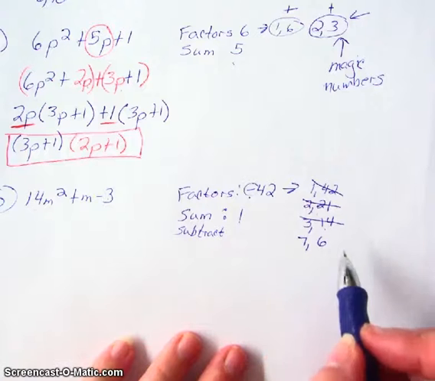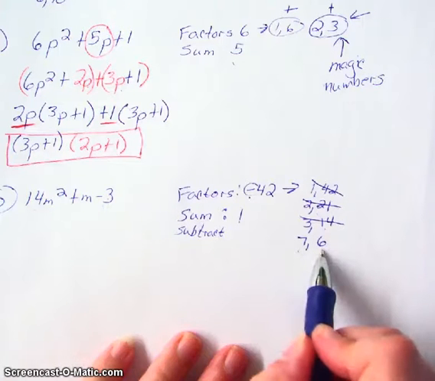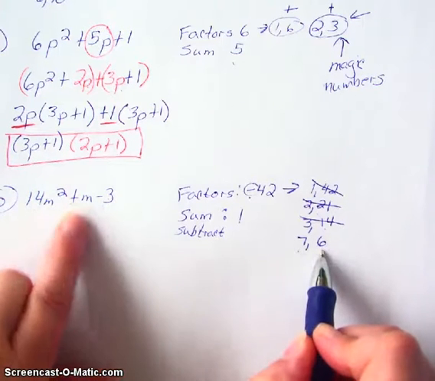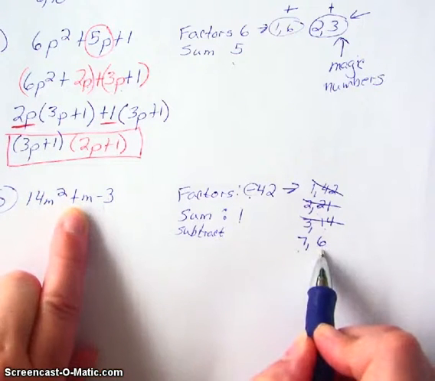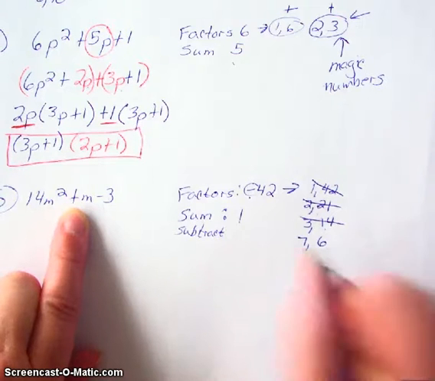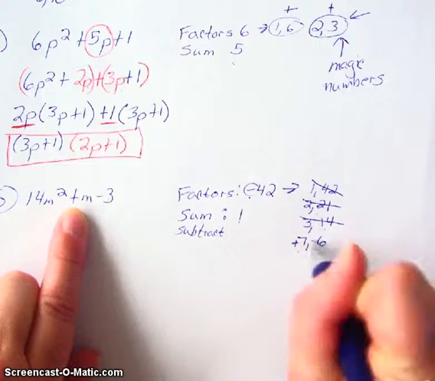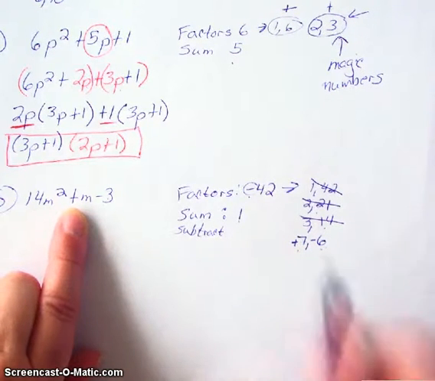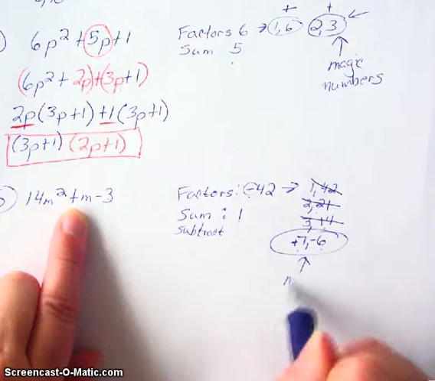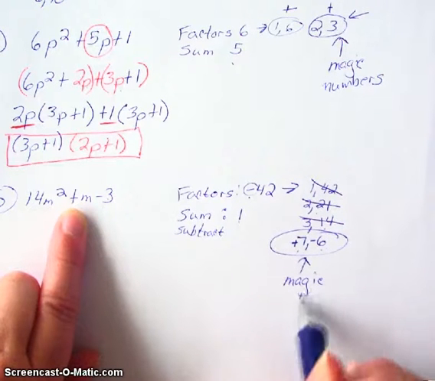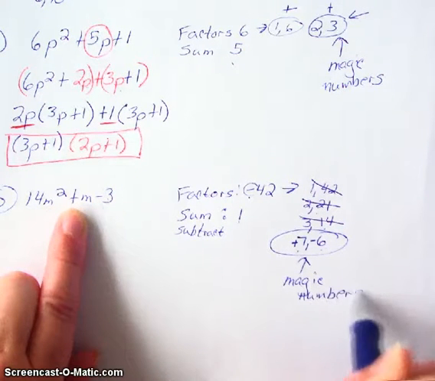So we have to figure out which one's going to be positive and which one's going to be negative. Since the middle term is positive, the bigger one is positive. So 7 will be positive, 6 will be negative. So here are the magic numbers. Okay.